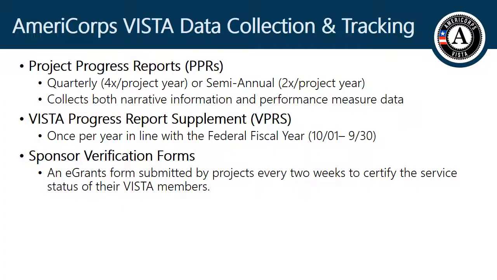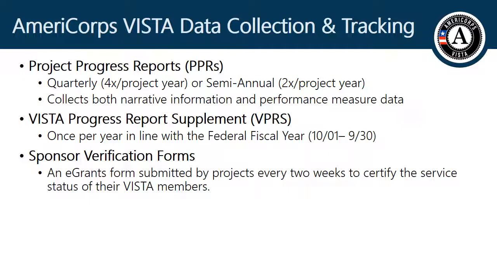Now that you know why we collect data, let's talk about what kind of data Americorps VISTA projects are required to collect. Every VISTA project across the United States is required to submit project progress reports, either quarterly, 4 times per project year, or semi-annually, 2 times per project year. The PPR collects both narrative information and performance measure data based on the approved project application.